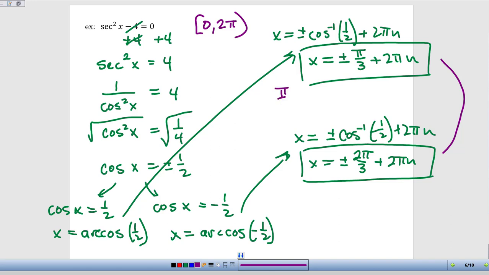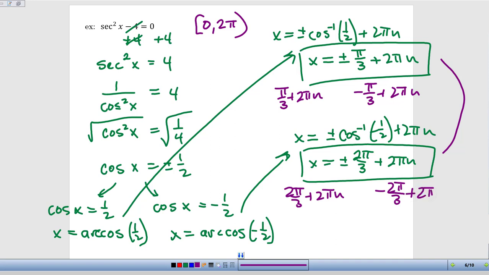We've got pi over 3 plus 2 pi n and negative pi over 3 plus 2 pi n. For the other one here, we've got 2 pi over 3 plus 2 pi n, and we've got negative 2 pi over 3 plus 2 pi n.